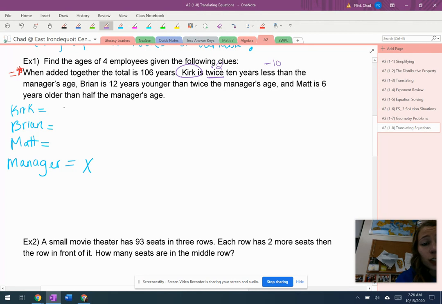So the manager is X, 10 years less would be minus 10. And then we want twice that, which is where those parentheses come into play and are extremely necessary. If that sentence had said 10 less than twice the manager's age, then the parentheses would not be necessary. But because it's saying twice 10 years less than, the parentheses are necessary.